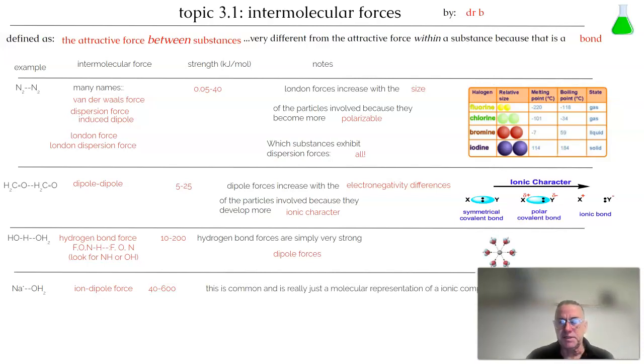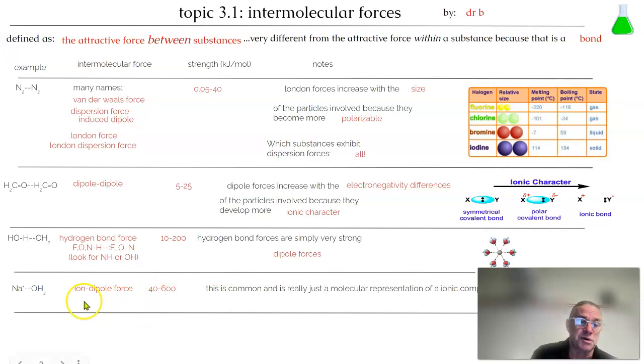And really, if you see it, it's just a molecular representation of an ionic compound which has dissolved. So if you took sodium chloride and threw it in water, you'd get sodium cations with these ion-dipole forces surrounding the sodium cation. There may be several of them for each sodium cation. After all, the OH2 doesn't have a formal negative charge.